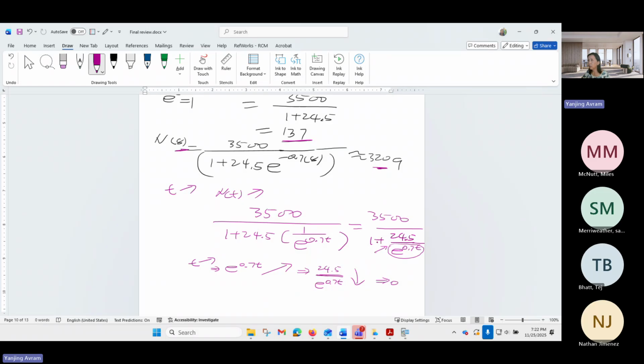And the denominator will be just 1 plus something near 0, so divided by 1. All right, 3,500 divided by 1 will be just 3,500. Okay, so the number will approach 3,500 people infected when t increases a lot, but it will never reach that because this whole thing won't go to 0.